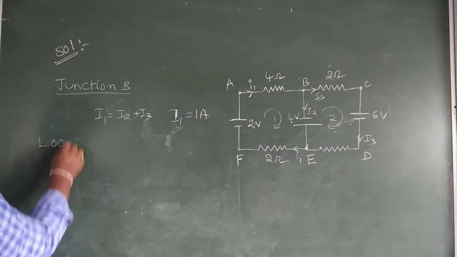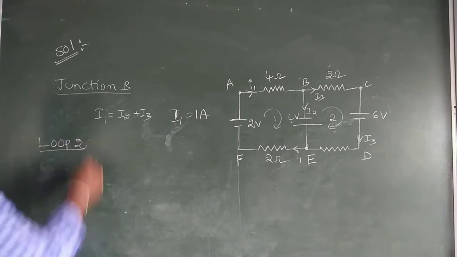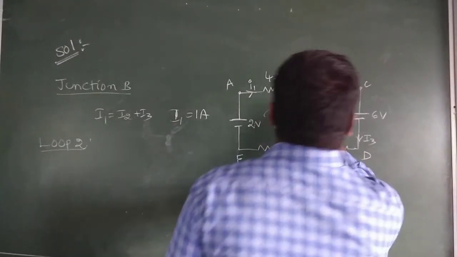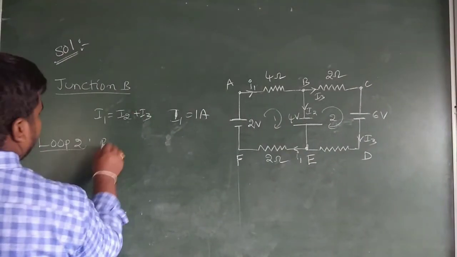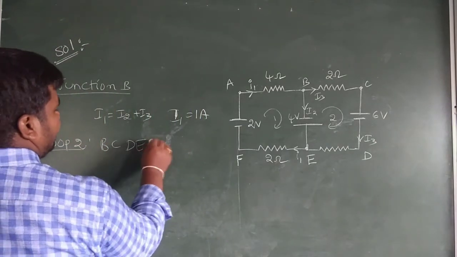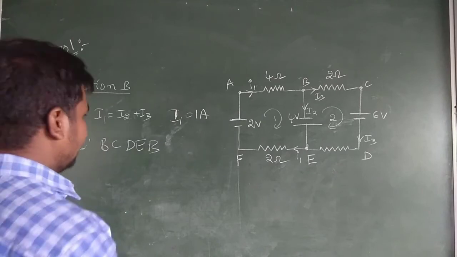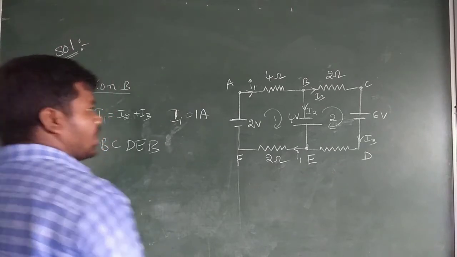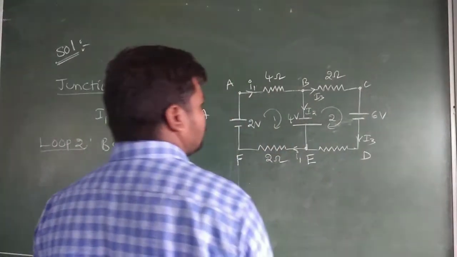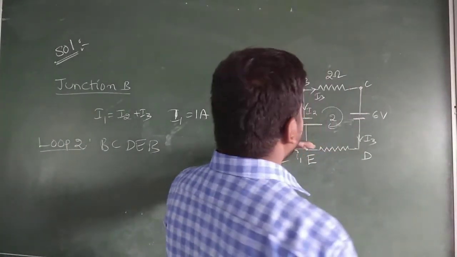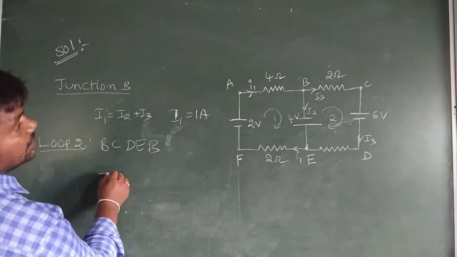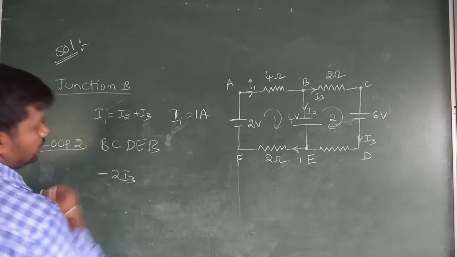Coming to loop 2, loop BCDEB. We can start from the 2 ohm resistor. In the 2 ohm resistor, the current is passing in the same direction, so we take minus 2 into I3.